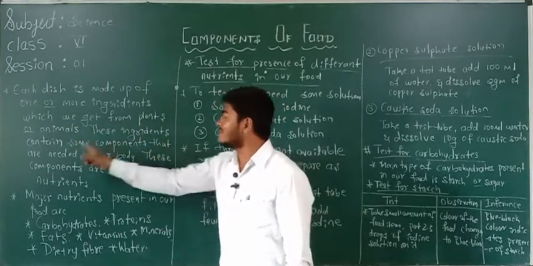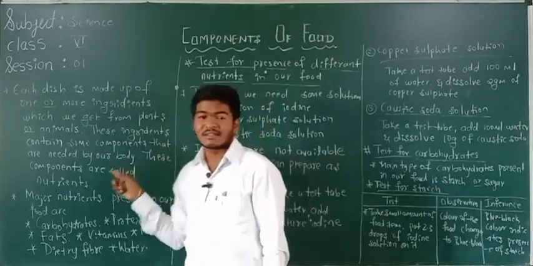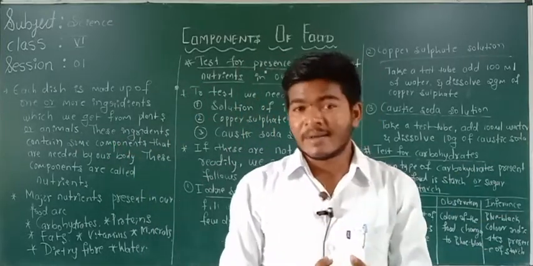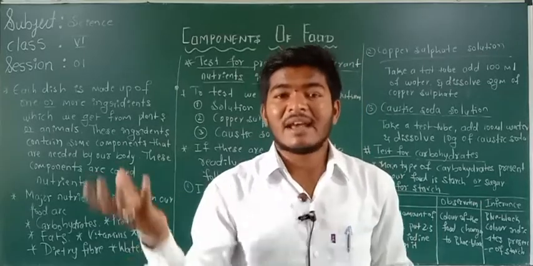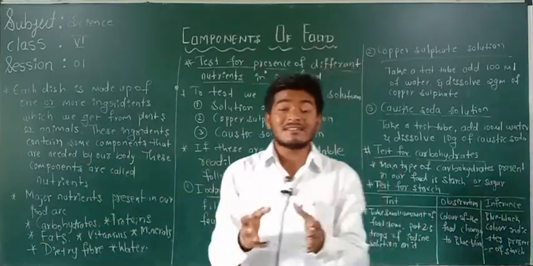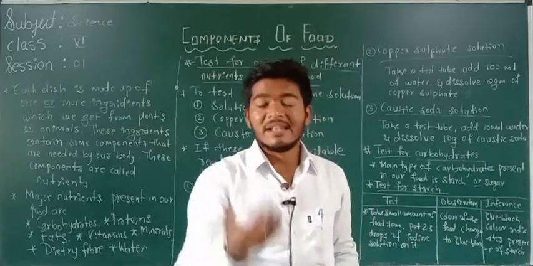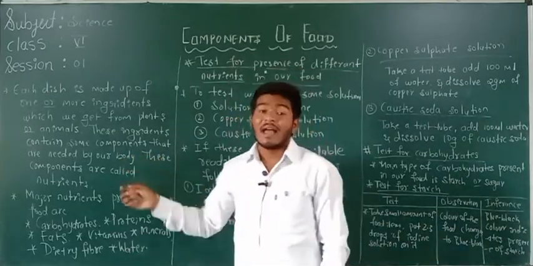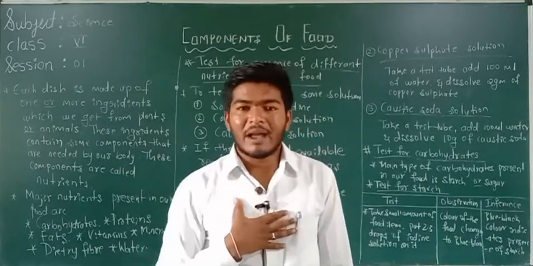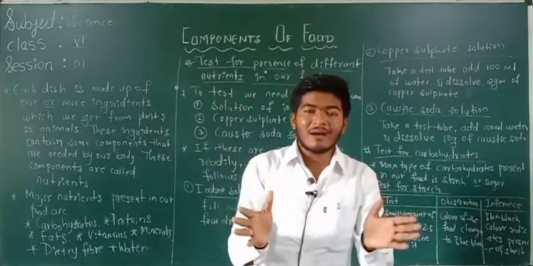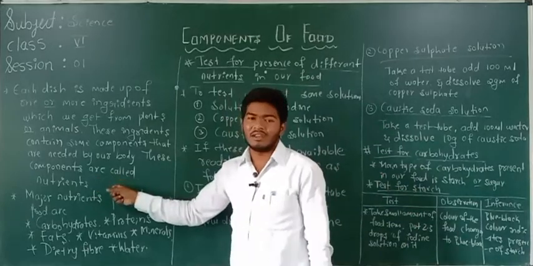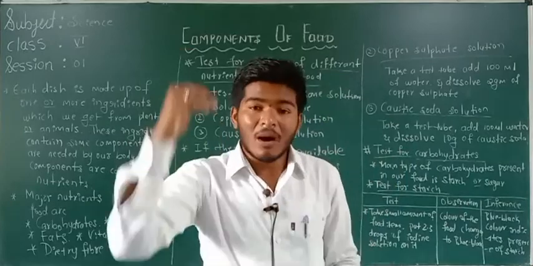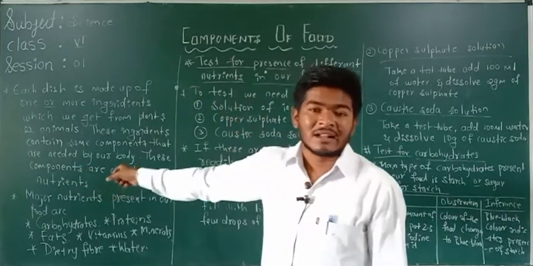These ingredients, that is the rice, the spices, the vegetables and the ghee, contain some components, and these components are needed by our body. Those components are called nutrients. The components which are needed by our body from the food are known as nutrients.